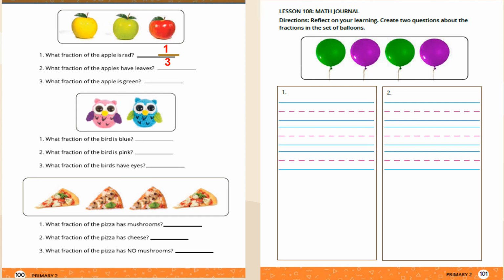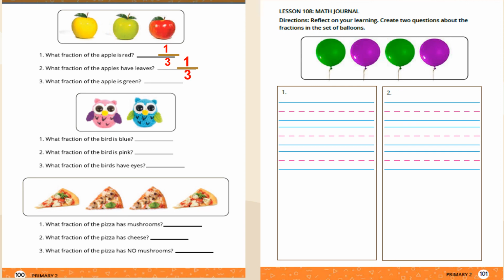Okay, what fraction of the apples have leaves? Where? Okay, 1. 1 from how many apples? 1, 2, 3. So I will write first the fraction bar, then in the upper 1, in the down 3.